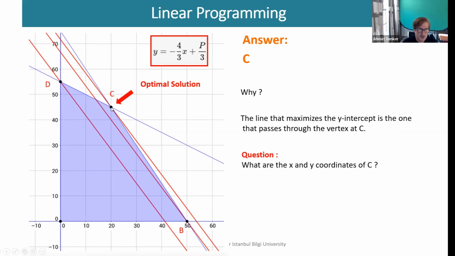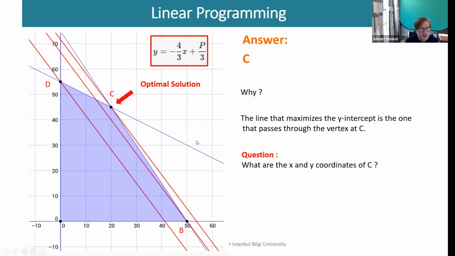And what are the coordinates of C then? If I determine the coordinates of C, then this is going to give me the solution for X and Y, which is going to maximize P.